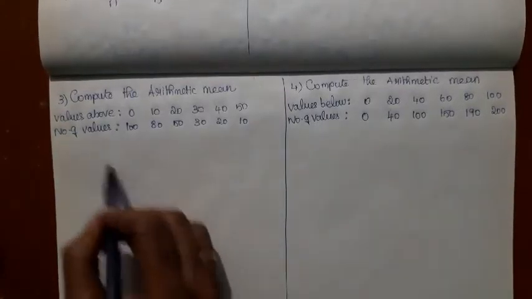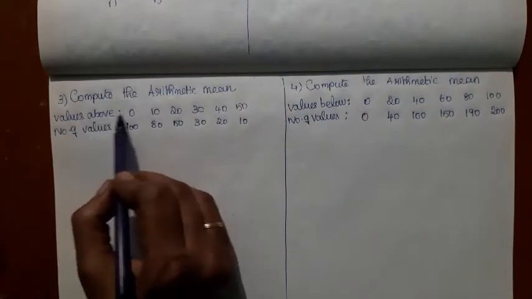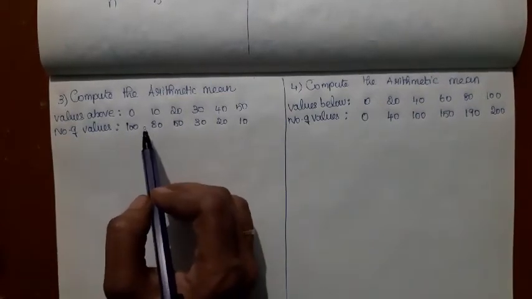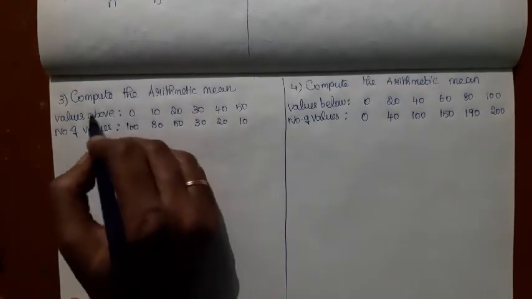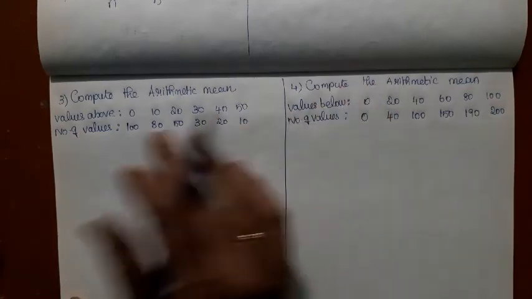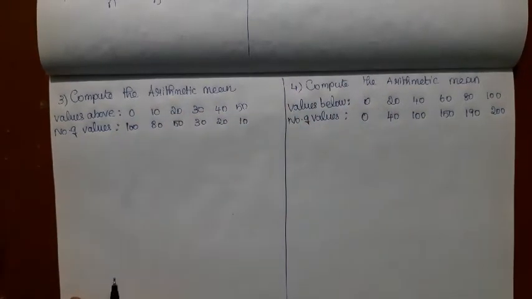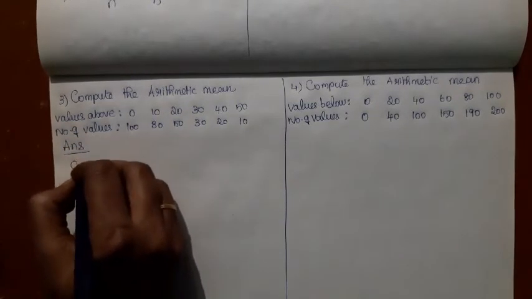Now let us consider this problem. You are supposed to compute the arithmetic mean. You should not come to a conclusion that this is x and this is f. This is not a discrete series. The indication is here, values above are given. Similarly, here it is values below. So both these are cumulative distributions. You should convert them into continuous series.